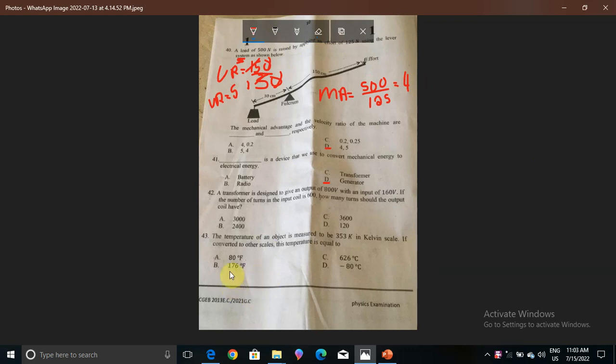So that means NS over NP is equal to Vs over Vp, and if we place the numbers on their symbols, it will be 800 over 160 is equal to NS over 600.